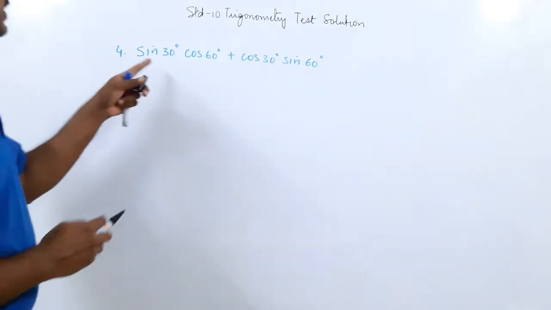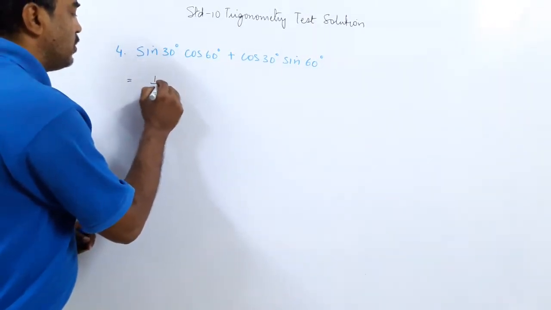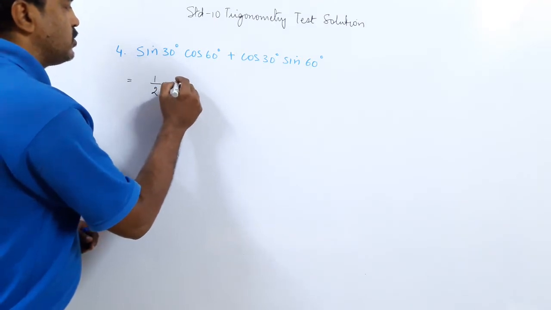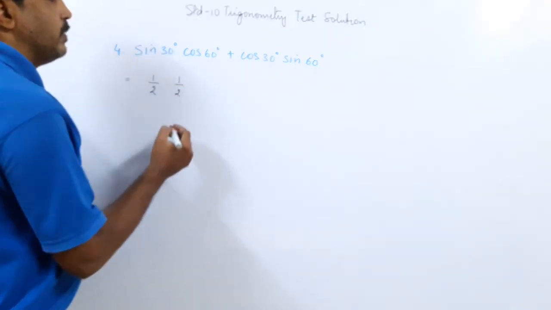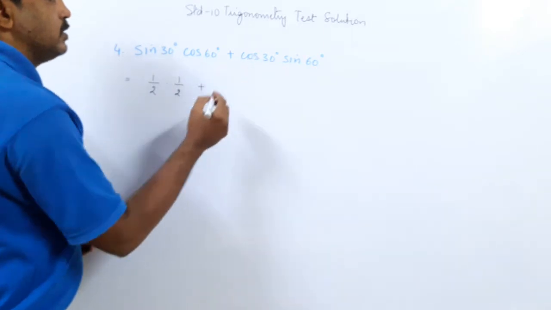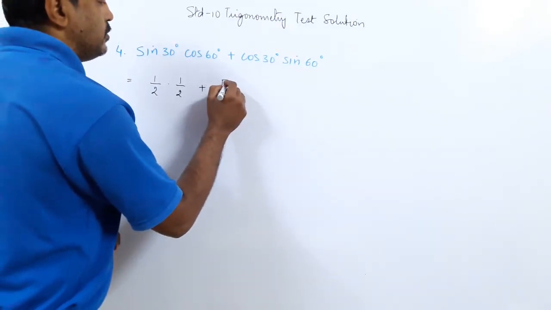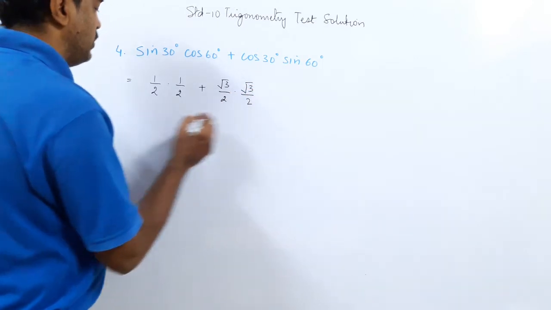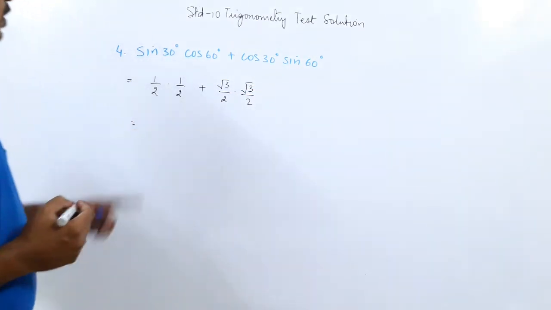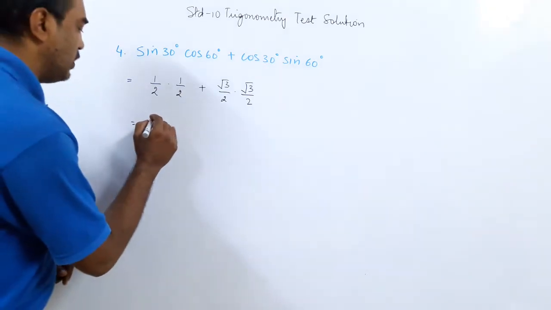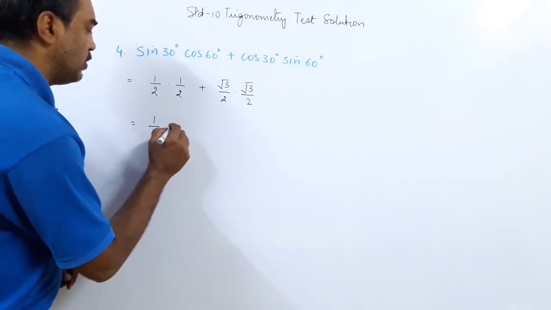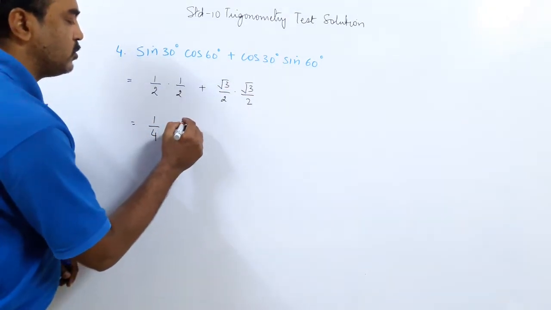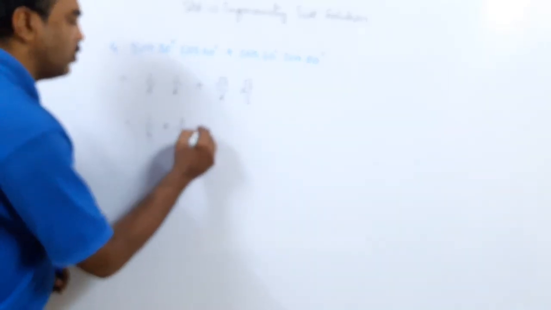learn this. Now sin 30 is 1 by 2, cos 60 is also 1 by 2, plus cos 30 is root 3 by 2 and sin 60 is also root 3 by 2. So 1 by 2 into 1 by 2 is 1 by 4 plus root 3 into root 3 by 4 is 3 by 4.